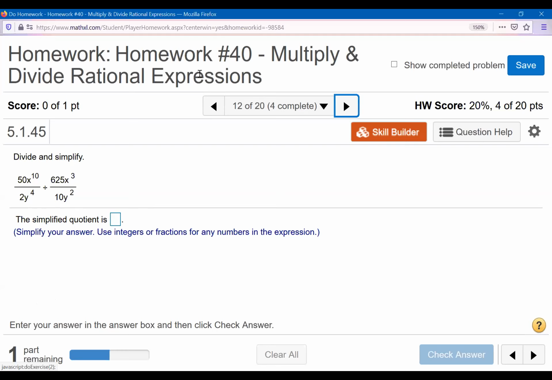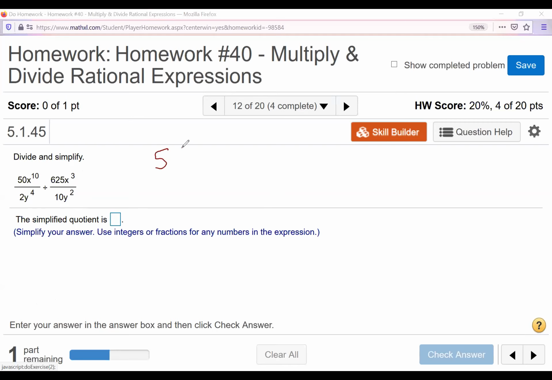So it's 50x to the 10th over 2y to the 4th divided by 625x to the 3rd over 10y squared. I'm going to rewrite that, keep change flip. So 50x to the 10th over 2y to the 4th times, and then we flip this, 10y squared over 625x to the 3rd.